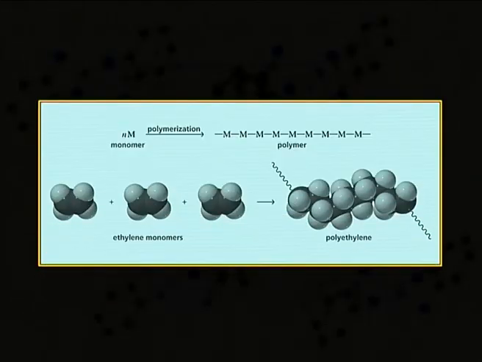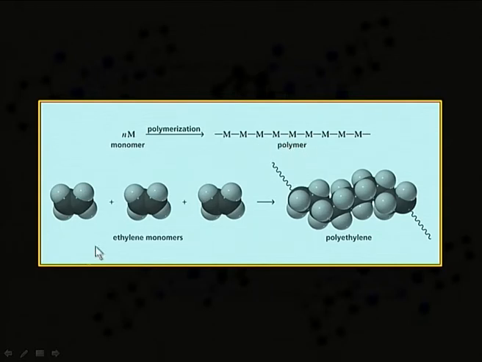The formation of polymers can be understood by this reaction. This is the monomer unit, that is n number of monomers, and by polymerization these are converted into polymers, and this is the covalent bond in a regular manner.